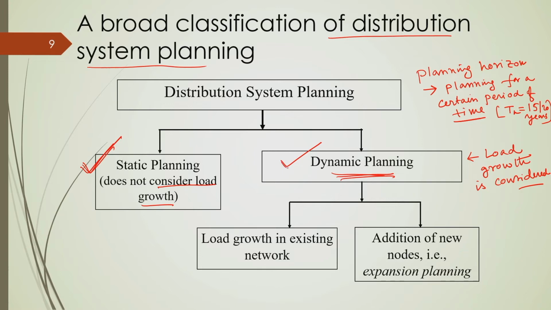But within this planning horizon, if we consider the load growth from time to time, and split the whole planning horizon into small planning periods of 5 years each, and plan the network for each 5 years, then it is a type of dynamic planning. Okay. So, there are two types of dynamic planning as well. One is load growth in the existing network and addition of new nodes, which is called expansion planning.